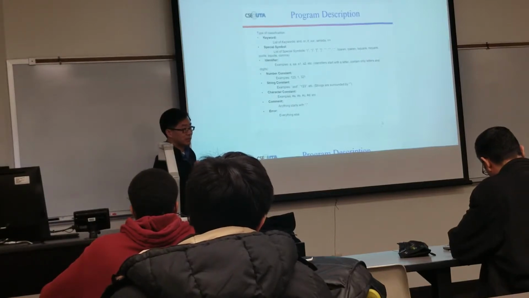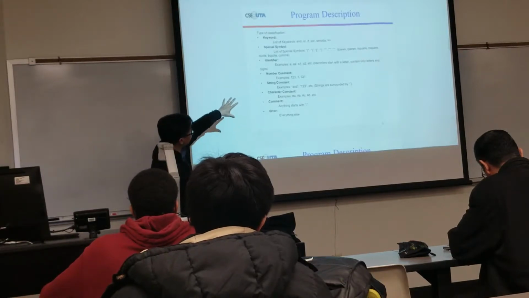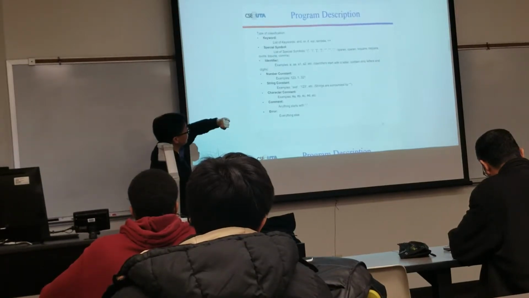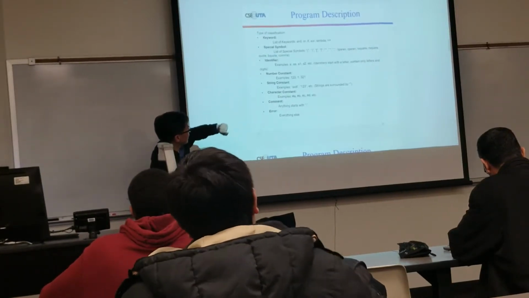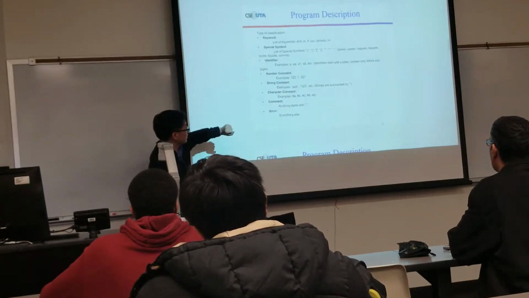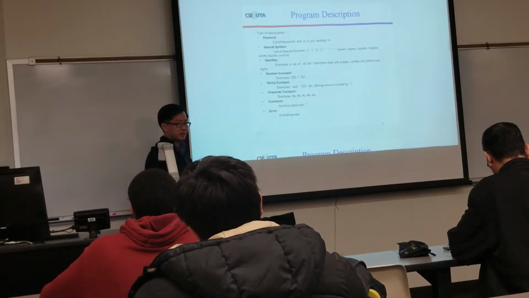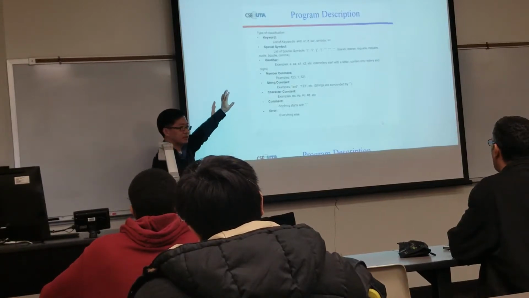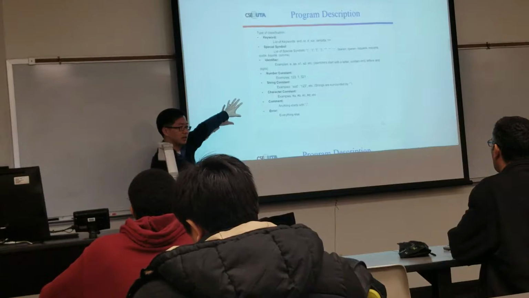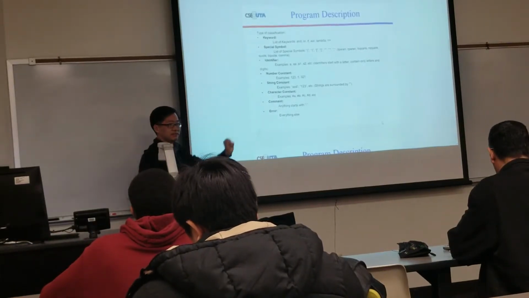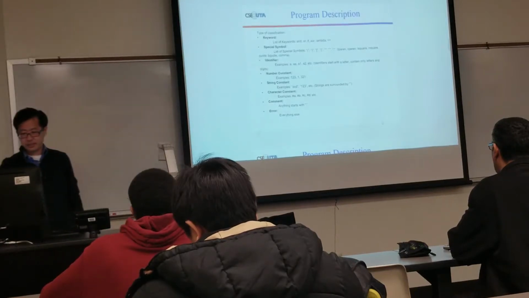These are the different types of tokens: keyword, special symbols like parentheses, identifier, numbers, string, character, comment, and error, which would be anything else. If you have taken programming languages, I hope these kinds of tokens make sense to you. Okay, I have some examples here.